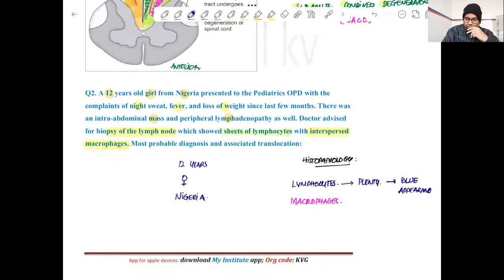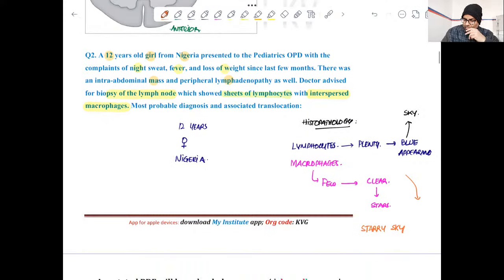And these macrophages are few and they have clear cytoplasm, and therefore they look like stars. And the blue appearance of lymphocytes is the sky. So the word I am going to derive here is the starry sky appearance.